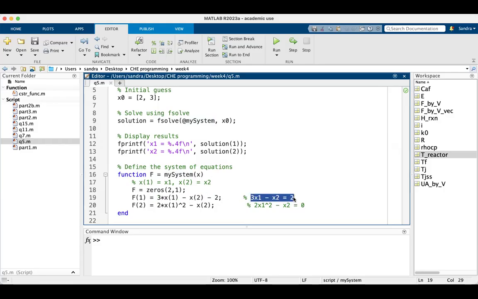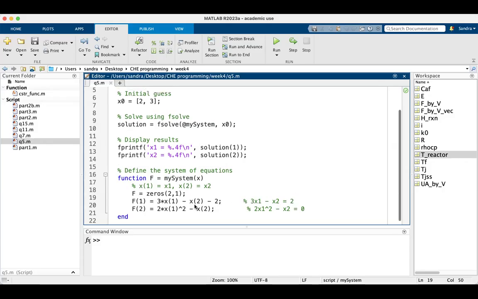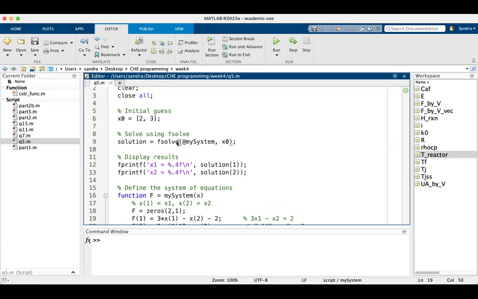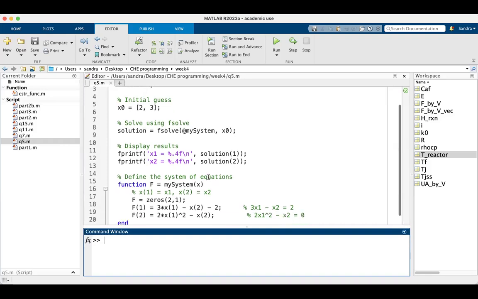Because this was your equation, and for fsolve you always have to use a function which is equated to 0. So you have to bring this 2 to this side so that it becomes minus 2 and equal to 0. So that is your first equation. And your second equation is 2x1 square minus x2 equal to 0. Now we give it together to the fsolve and let us look at the answer.